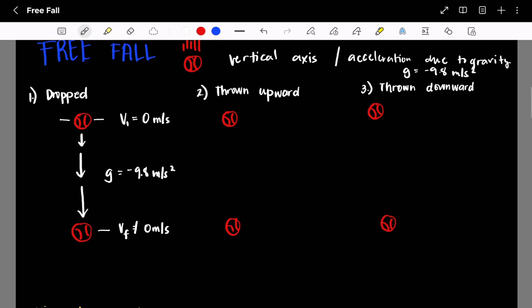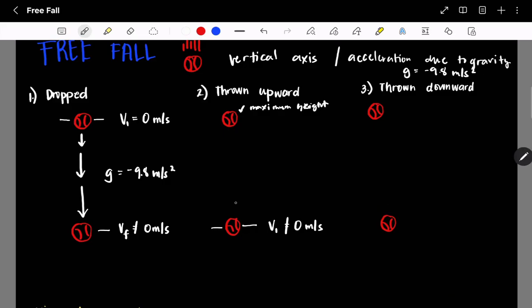Now, for when an object is thrown upward, its motion starts at the bottom and achieves what we call a maximum height. At the beginning of its motion, somewhere below, at the lower height, the velocity initial is not equal to 0 because you give the object an initial push. So its velocity is of a high value.